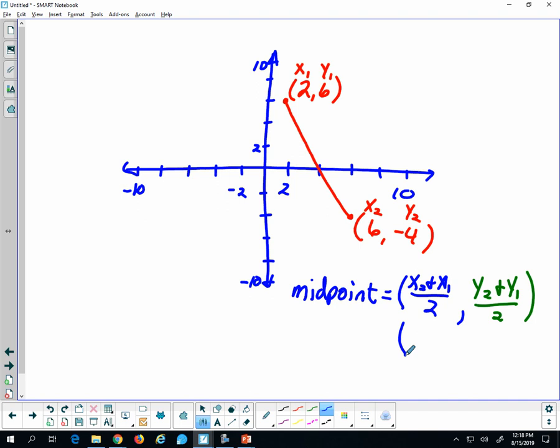So if we look at our two x-coordinates, we have a 6 and a 2, so we're going to have 6 plus 2 divided by 2. Our y-coordinates, we're going to have a negative 4 plus 6 over 2.